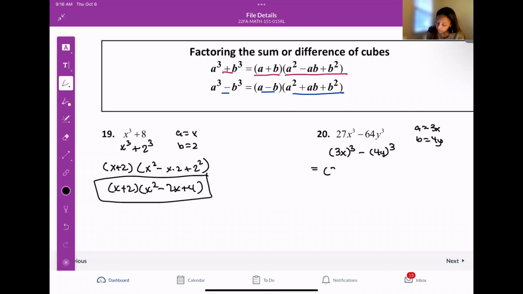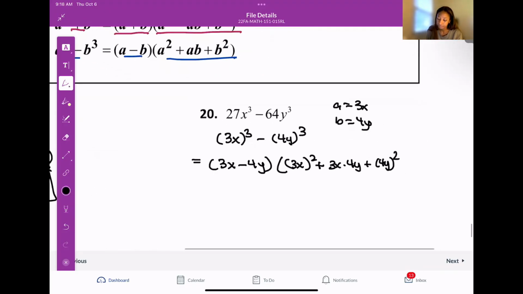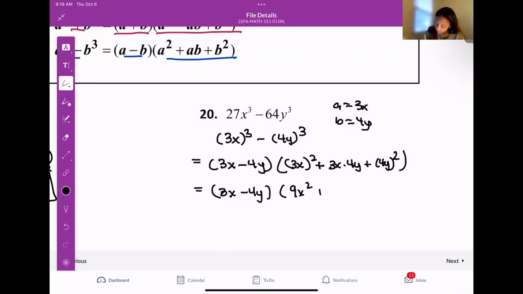According to the formula, this would be 3x minus 4y, that's the first part, and then times 3x all squared plus 3x times 4y, and then plus 4y all squared. Now let's be careful with our simplifying here. We have 3x minus 4y, and then times 9x squared plus 12xy plus 16y squared. And that would be our final answer.